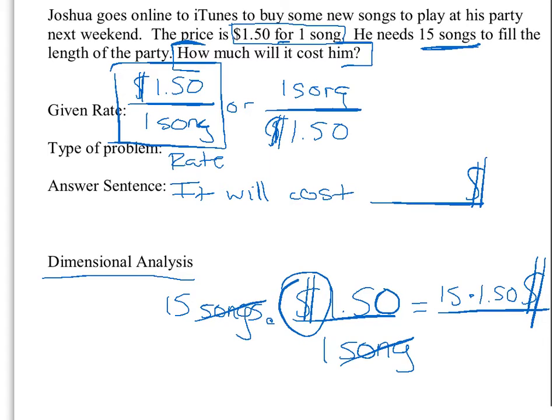And so a lot of times in the past you did this and you had to remember all this very specific stuff about proportions, and you probably had this long process of checking your proportions. The great thing here is that you already did the check. If you've done your problem like this, you've already done the check. The check was when you canceled out your units and you made sure the correct unit was the unit in your answer. That's all.